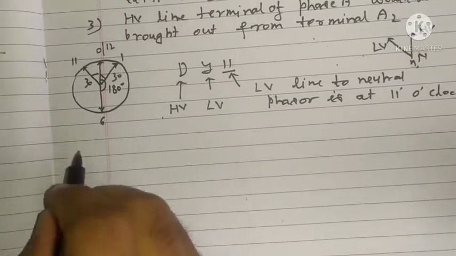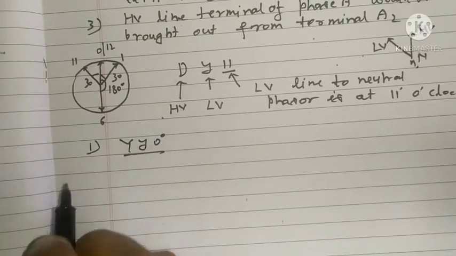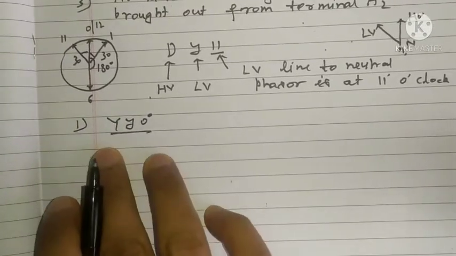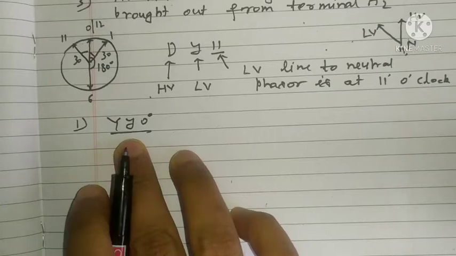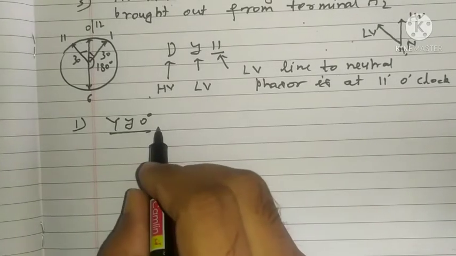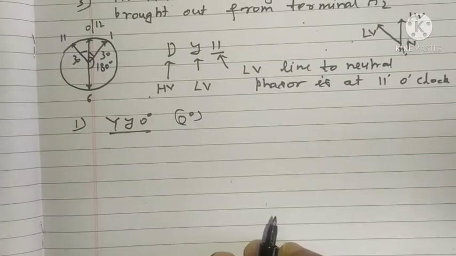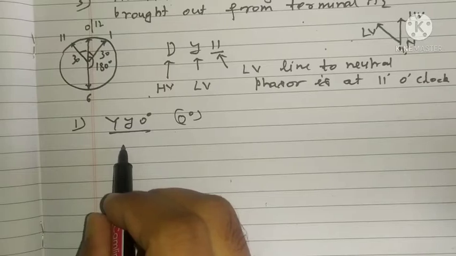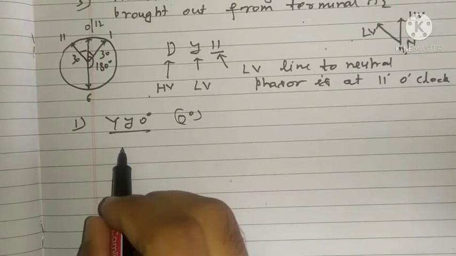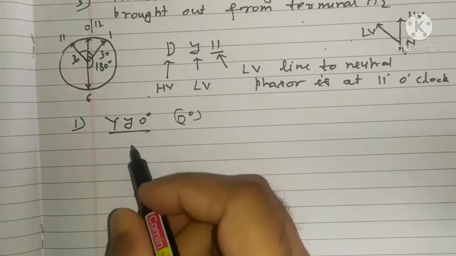I have very first Yd0. That means primary is star and secondary is also star, but primary is HV and secondary is LV. So this is 0 group, and 0 degree will be the phase difference between the line voltages of primary and secondary. So for drawing its phasor, we must draw first line to neutral connection.